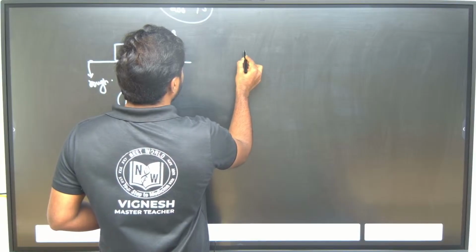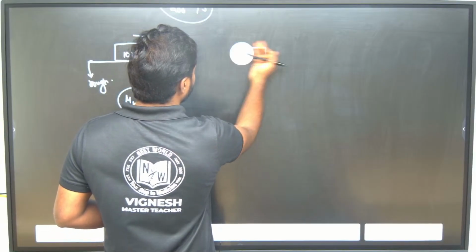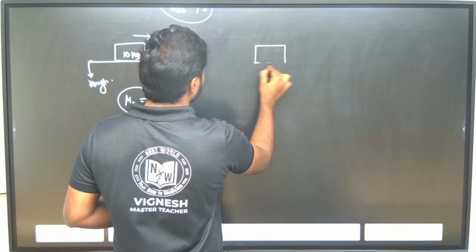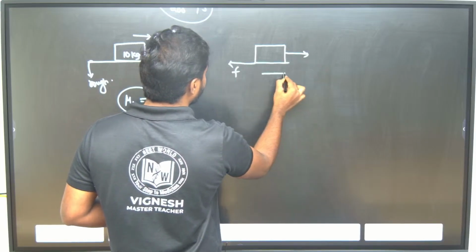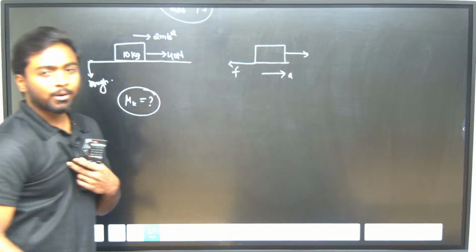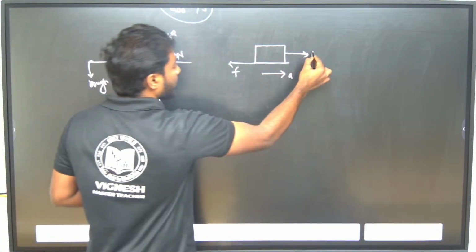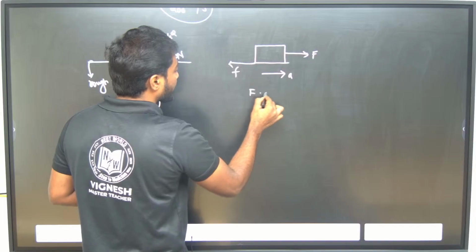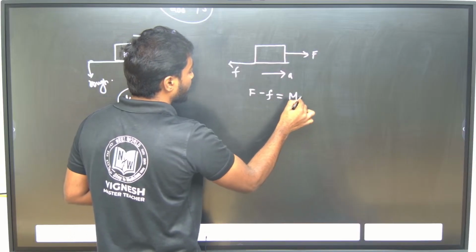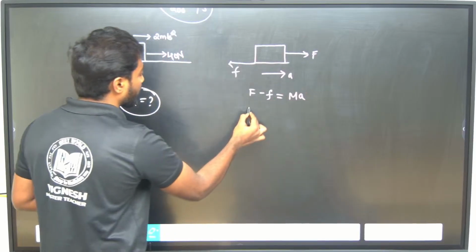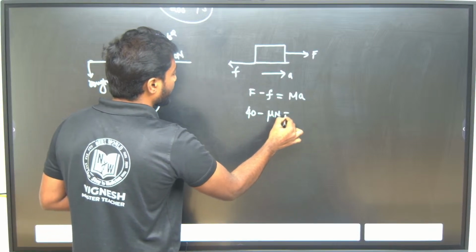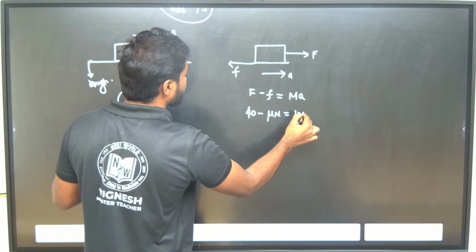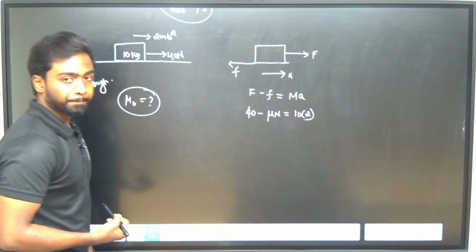So the free body diagram will be looking like this, no? This is my force F and this is my friction f, and the acceleration is in this direction, a. So how can I write the equation? F minus f equals mass into acceleration. F is 40 Newton and f is mu into N, equals mass 10 kg and acceleration 2.